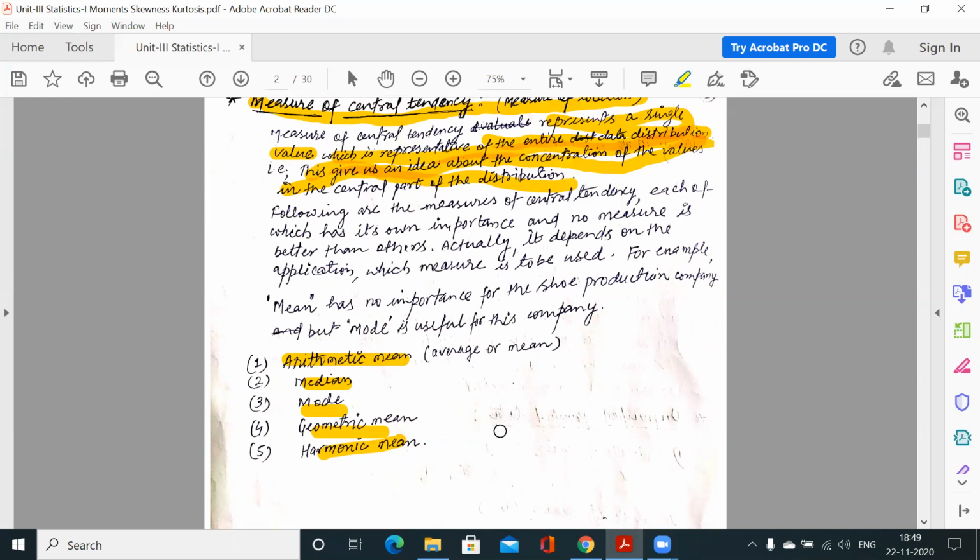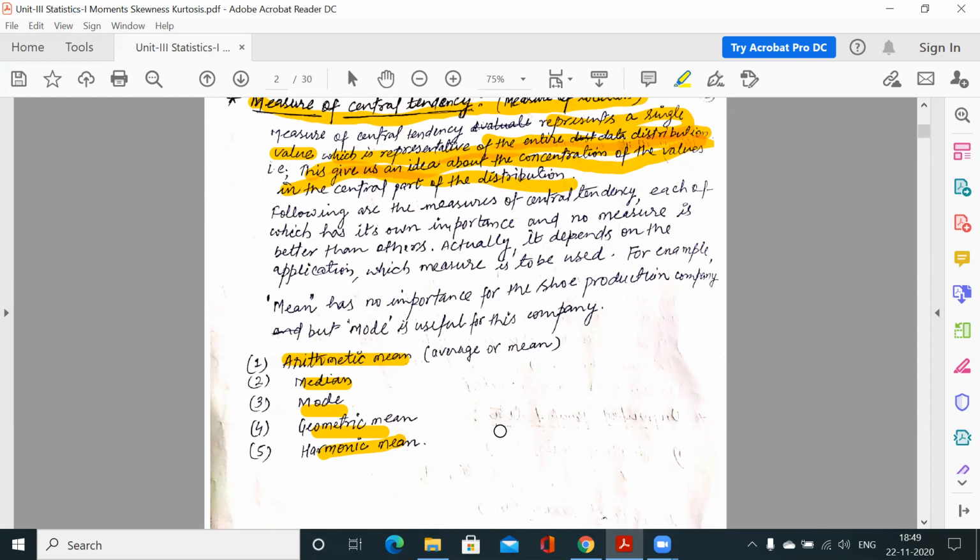If the company takes the average of all the shoe sizes, it will go into loss, because if it produces 7.9 or 8.4 shoe size, nobody will purchase that.